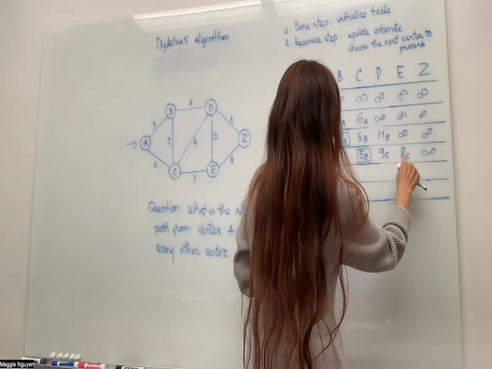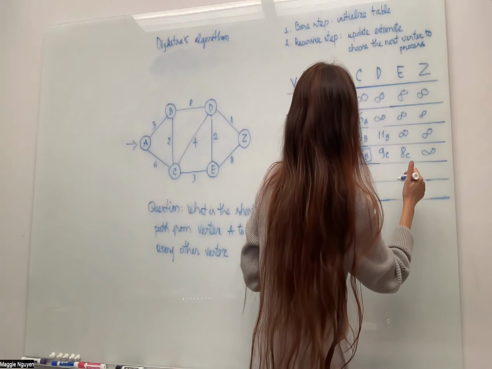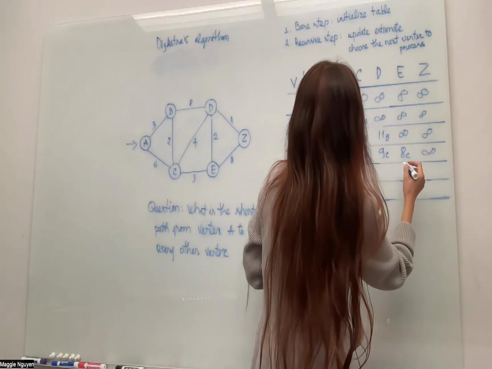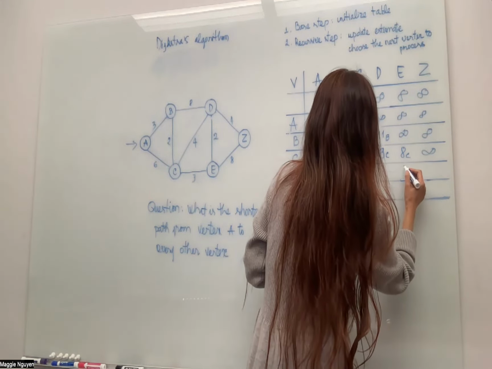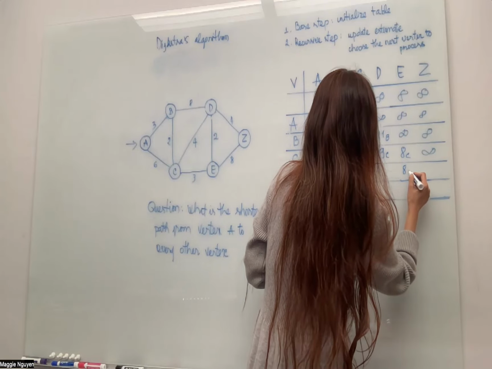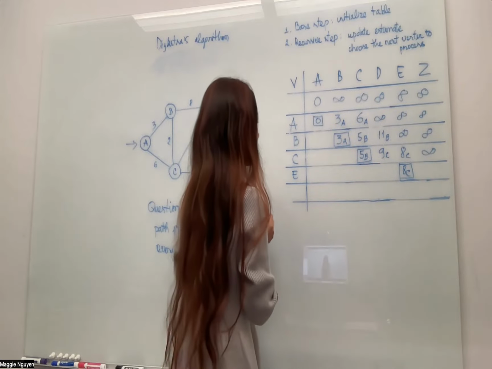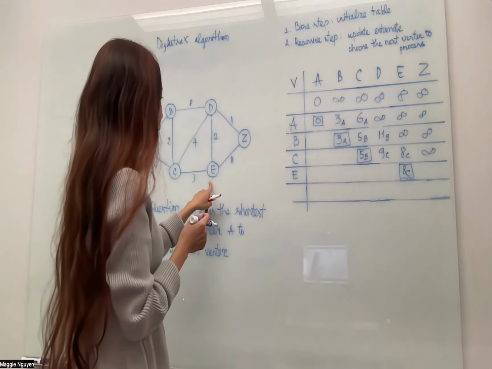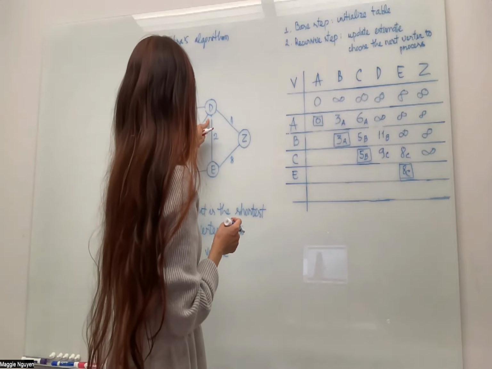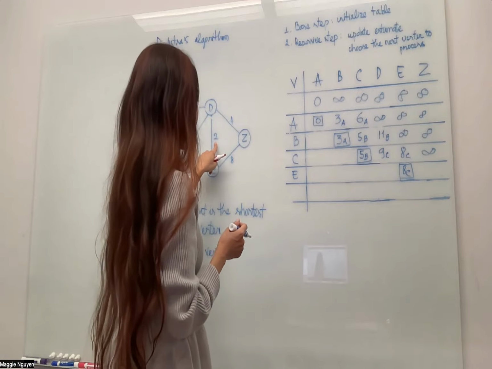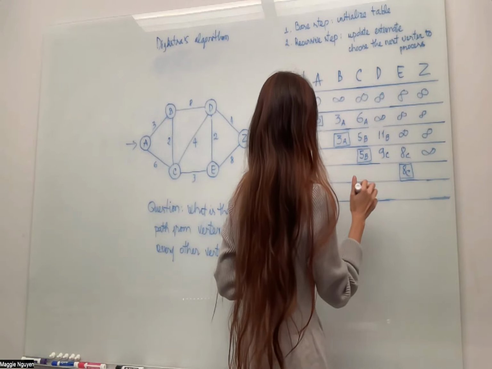So between the two vertices, the 8 from C for vertex E should be chosen. So I copy down 8 from C for E. Now we explore E. E can go to D, E can go to Z. E to D is 8 plus 2 is 10. 10 is bigger than 9, so we don't want to update this value.